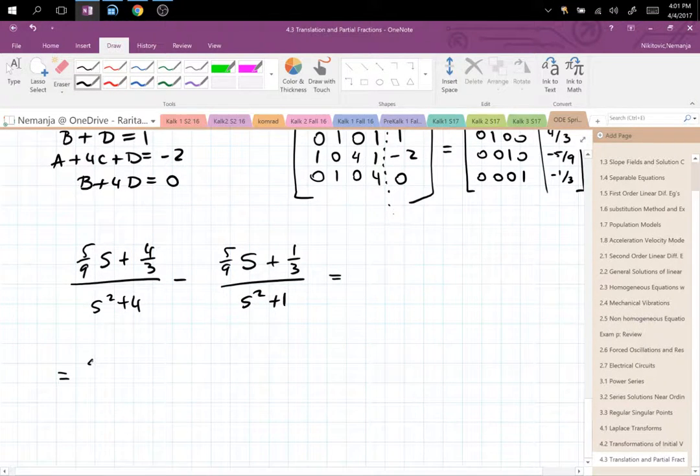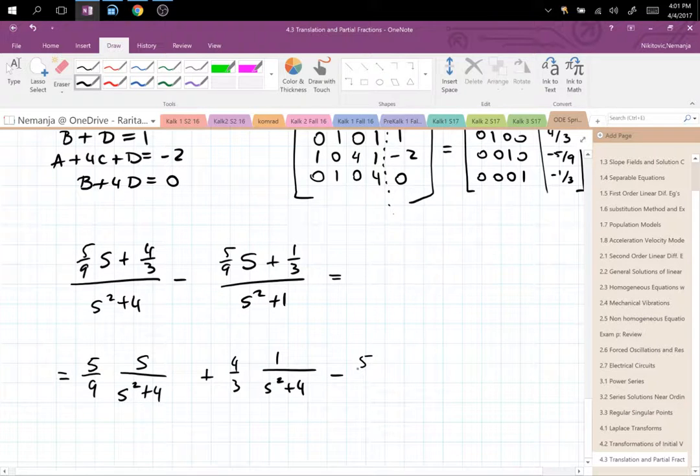I have 5/9 times s over s squared plus 4 plus 4/3 times 1 over s squared plus 4 minus 5/9 times s over s squared plus 1, and then minus 1/3 of 1 over s squared plus 1.